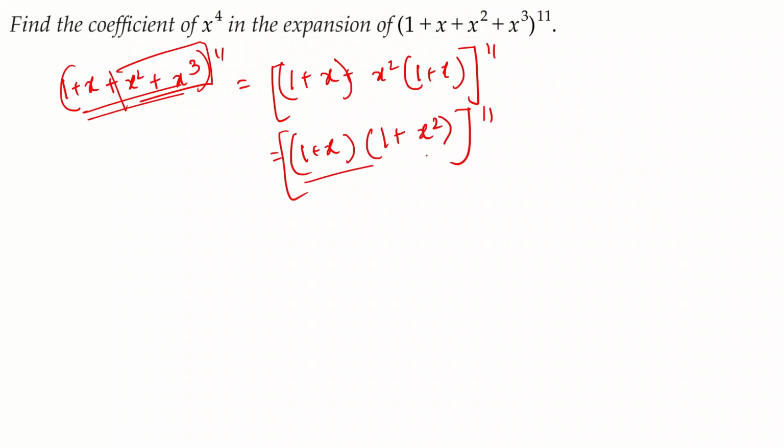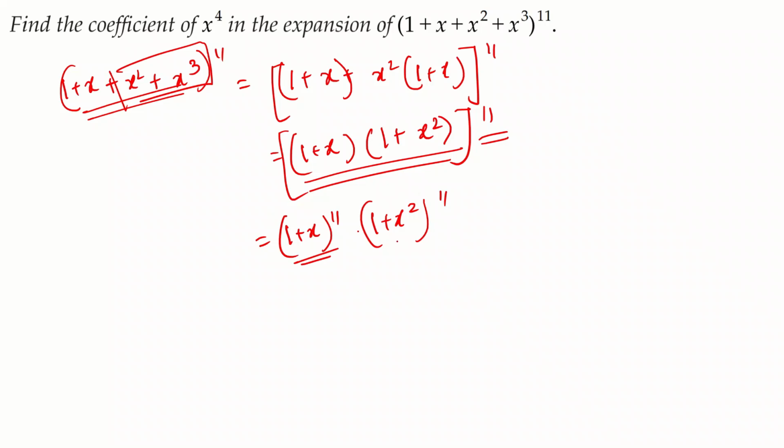So I've factorized it, and now I can put this power of 11 in each of these terms. So it is (1 plus x) whole to the power of 11 into (1 plus x square) whole to the power of 11. So I have now got 2 binomial expressions and I can apply all the formulas that I know.